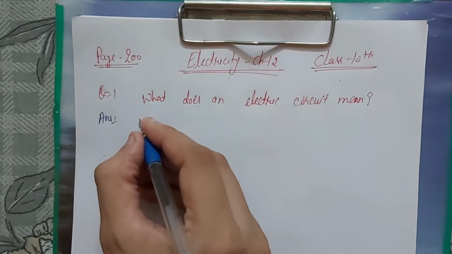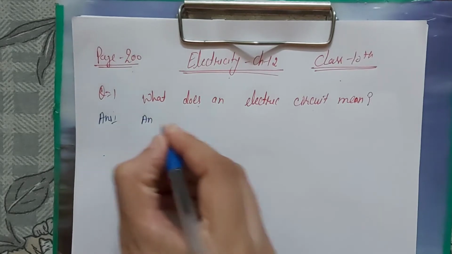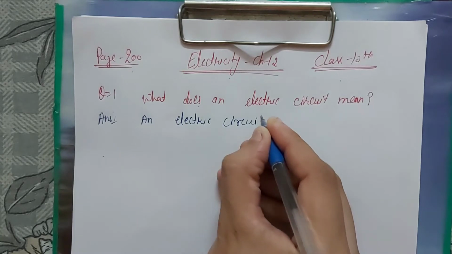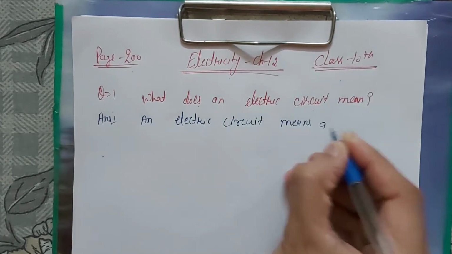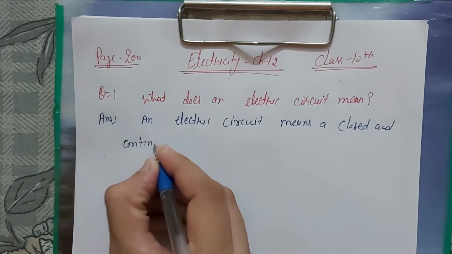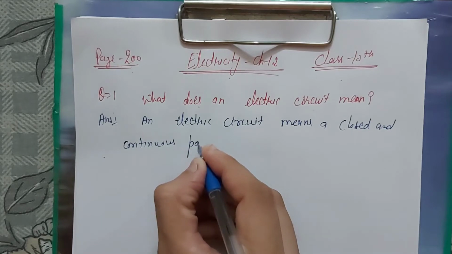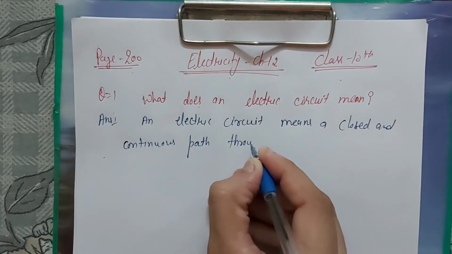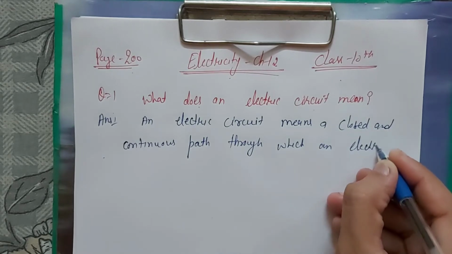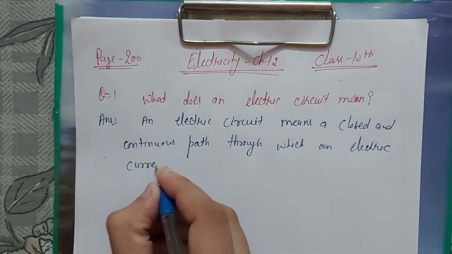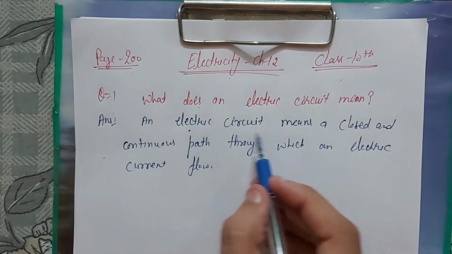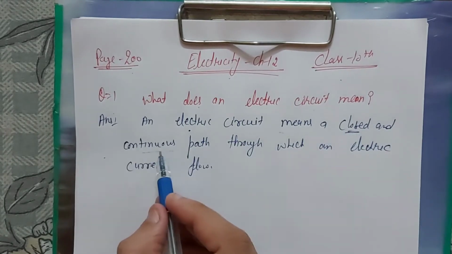Dear students, as we know, an electric circuit means a closed and continuous path through which an electric current flows. That means an electric circuit is a closed or continuous path.